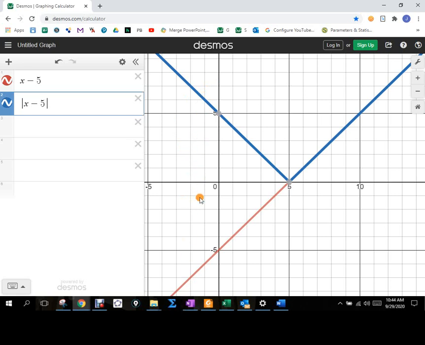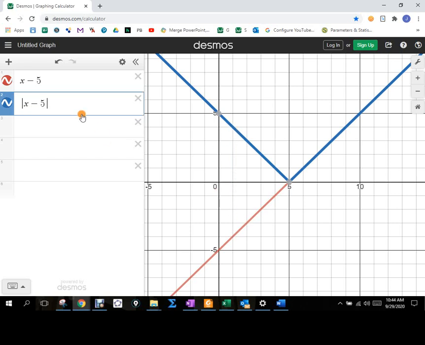And one thing to pay attention to is that distance is preserved when we do reflections. That's something we talked about in geometry. This point right here, 0, -5, is going to reflect to 0, +5, right? This point right here, 1, -4, is going to reflect to 1, +4. Does that make sense, everybody?